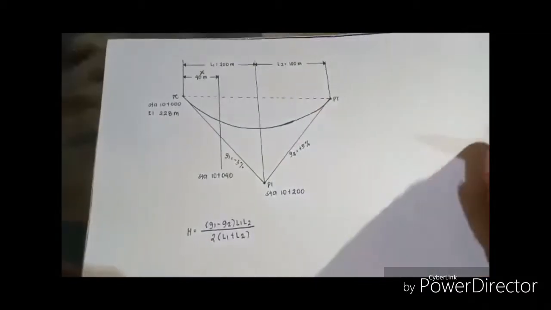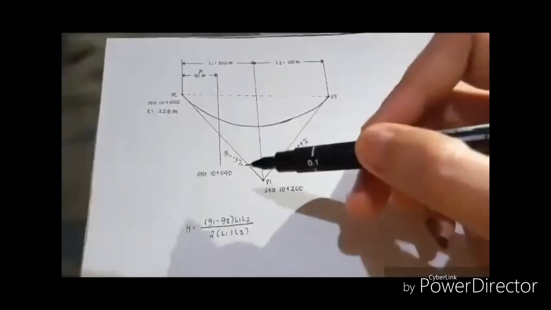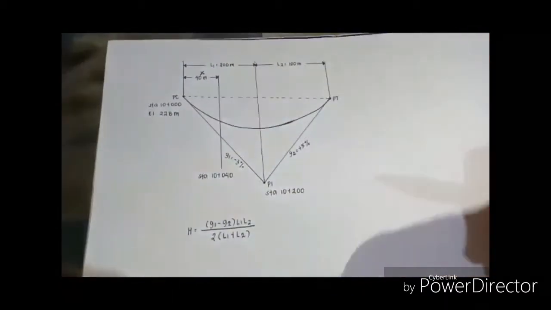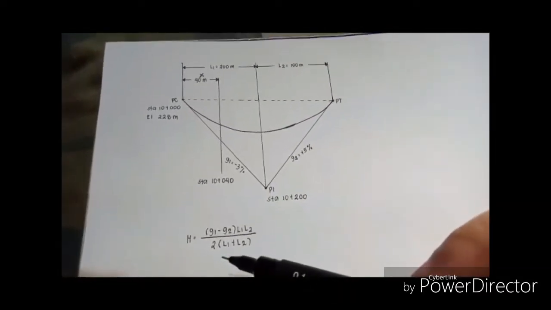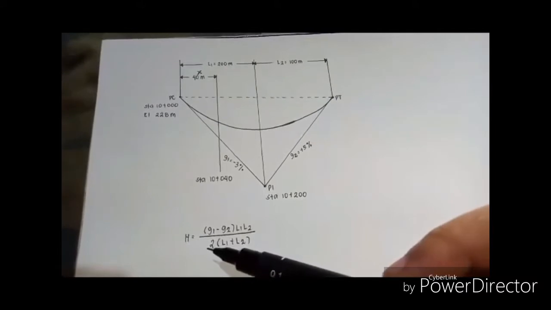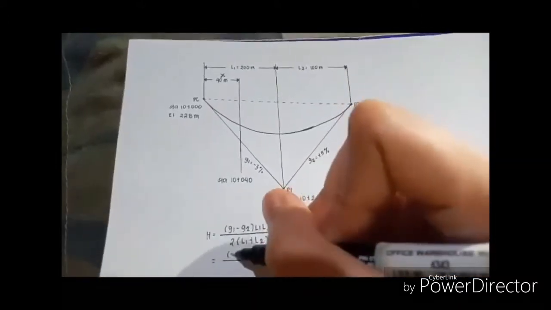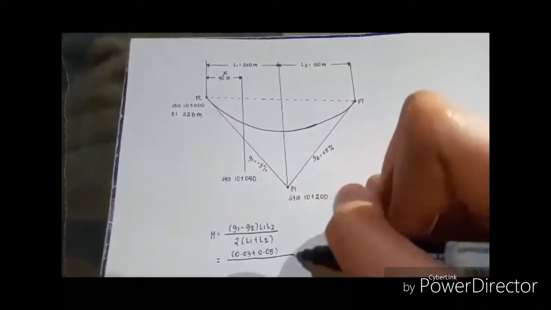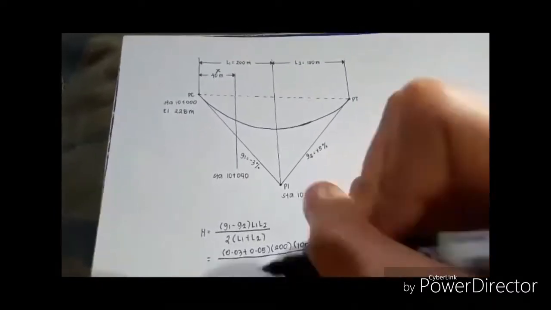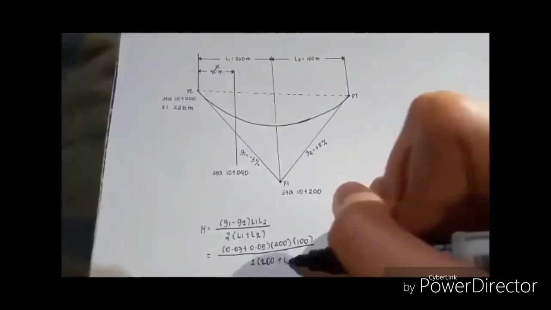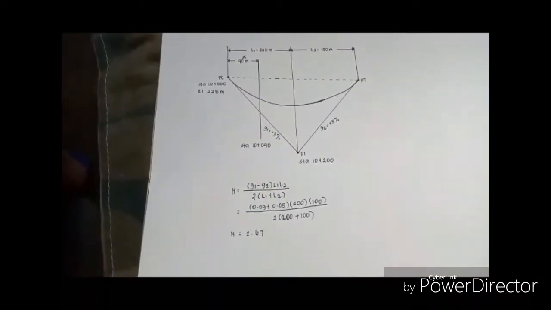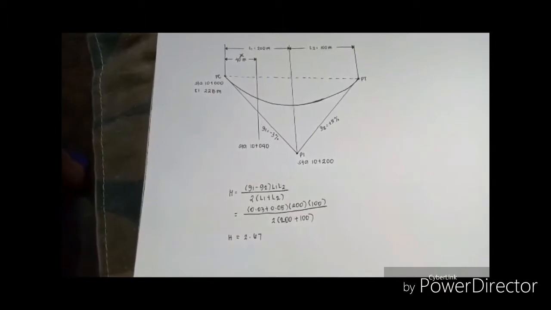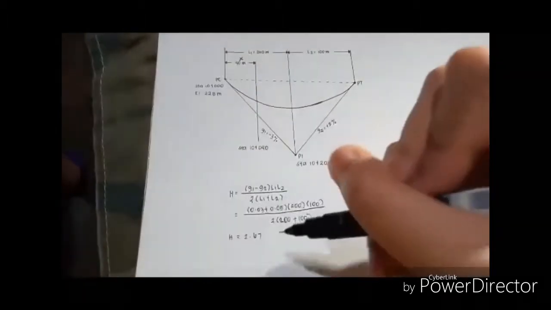Pero bago natin makuha yung elevation nito, we must firstly find the value of h. So we will use this formula. So we now have the value of h, which is 2.67 meters.